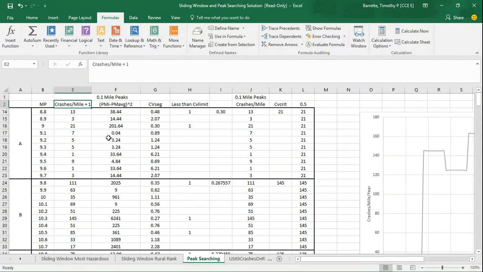So again, this was the source of what we were just looking at in the PowerPoint slide. Here we're calculating the difference between the performance measure for a specific subsection minus the average of the performance measures for the segment and then squaring it.